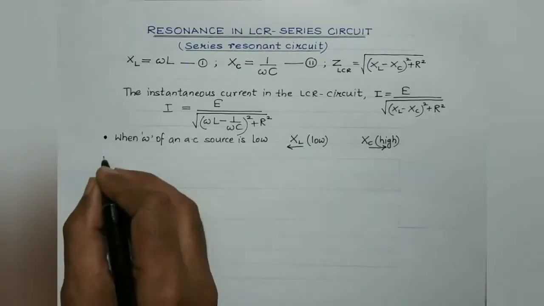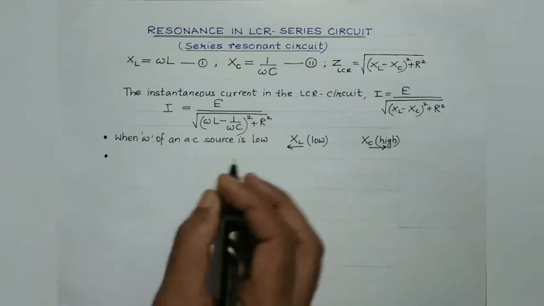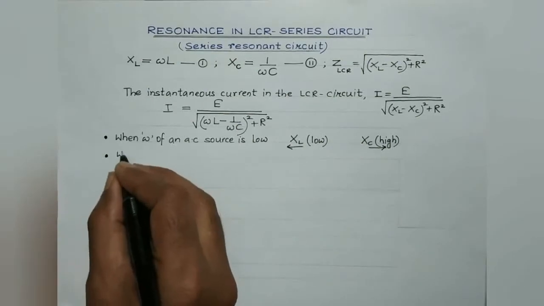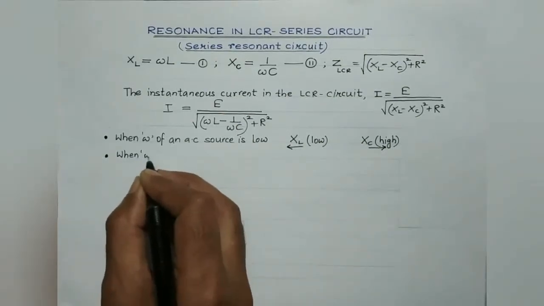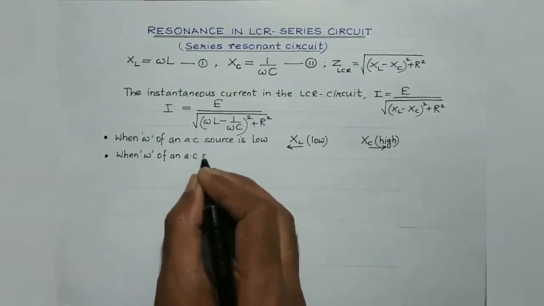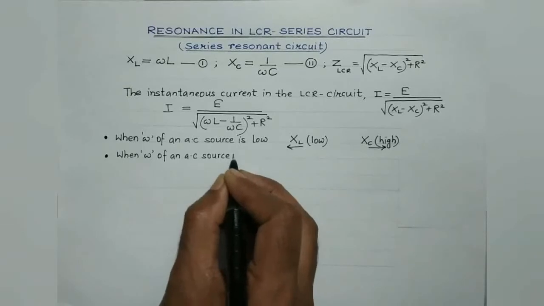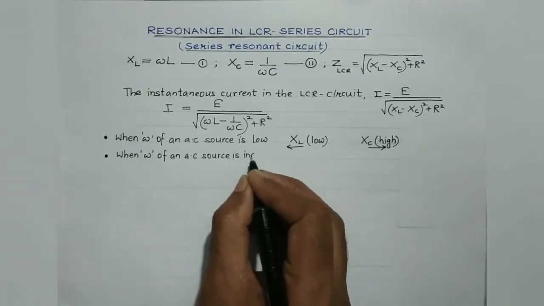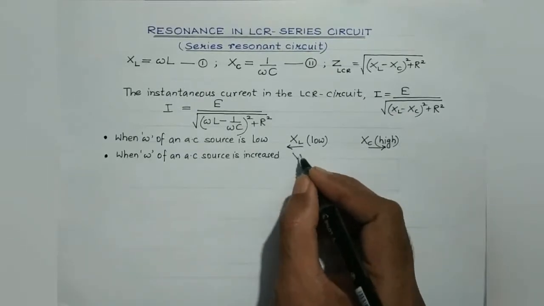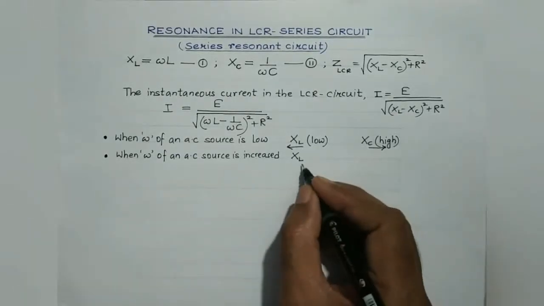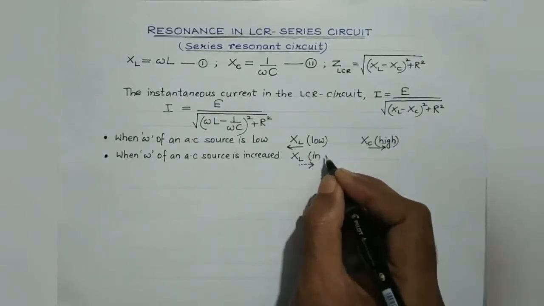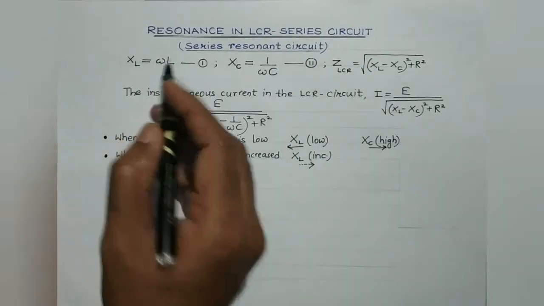Right? Now consider the second case. Now gradually the value of omega is increased. When the value of angular frequency of an AC source is increased, the value of XL will start increasing, since XL is directly proportional to omega.